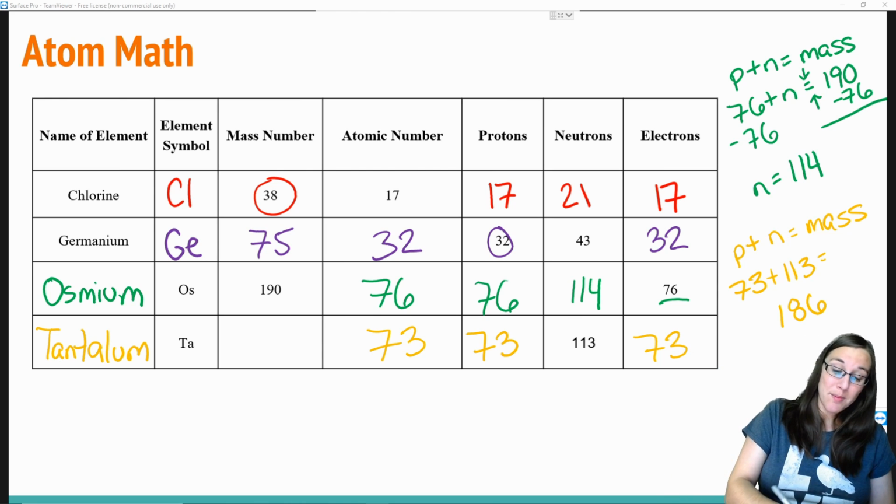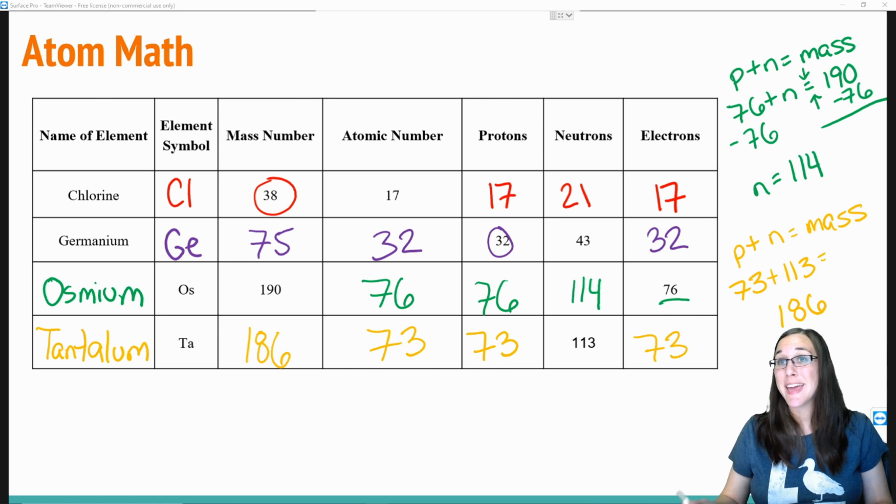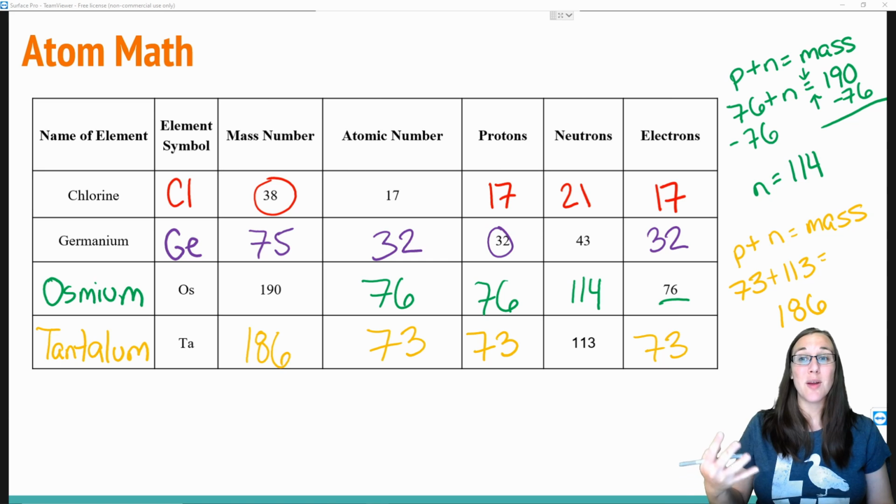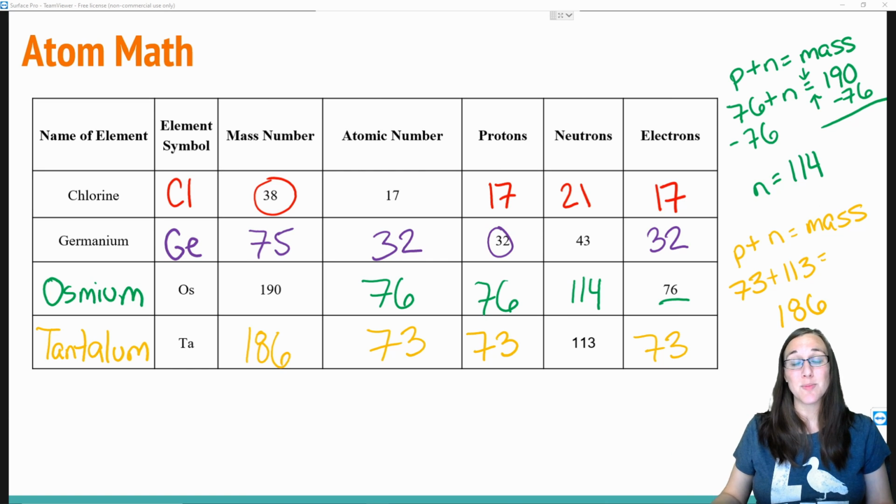So my mass number in this case is different than what the periodic table said. So we can't just haphazardly write down the mass from the periodic table, because the values given could be different if there's an isotope than what the periodic table average is. Please keep that in mind whenever you're doing atom math.